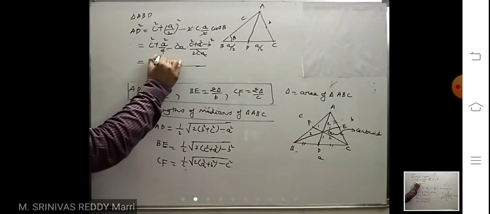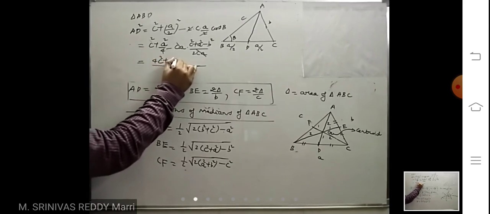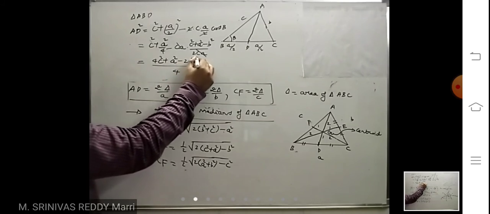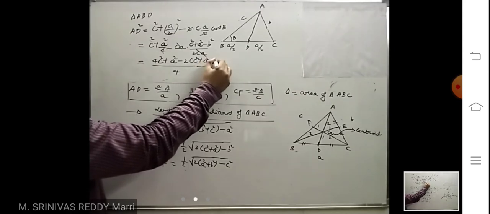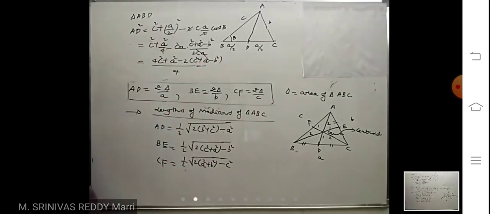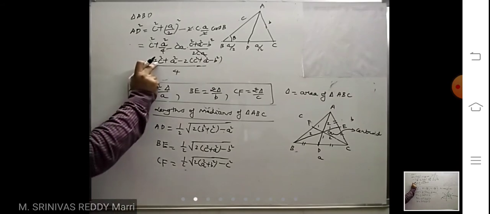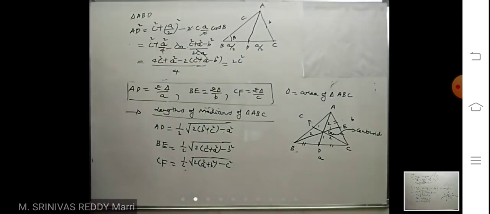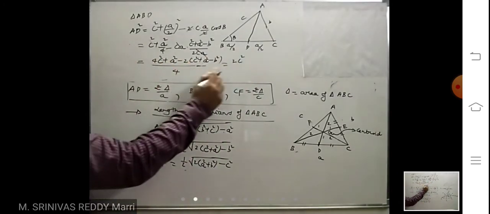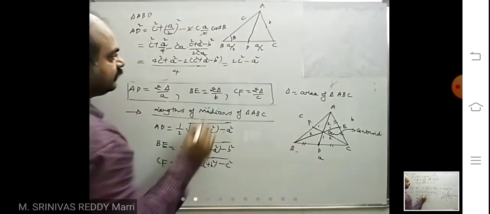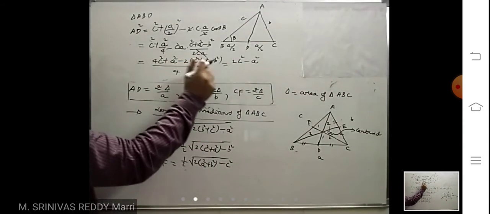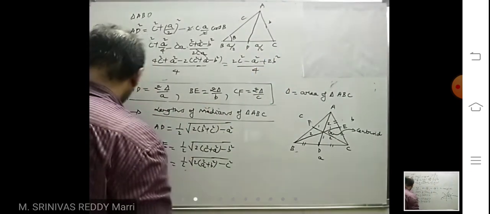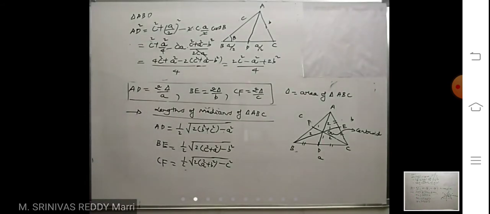You will get 4C square plus A square minus 2 into (C square plus A square minus B square). Now 4C square minus 2C square gives 2C square. A square minus 2A square gives minus A square. Minus 2 into minus B square gives plus 2B square, divided by 4.